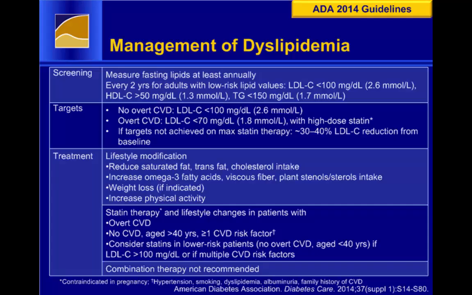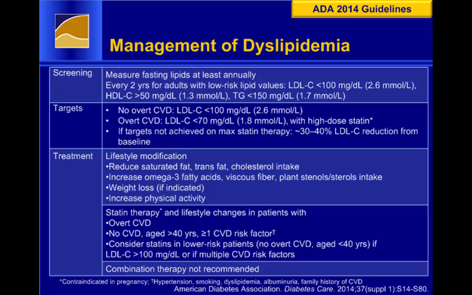We went through the management of dyslipidemia in the prior guideline. Remember that if you are a CAD or CAD equivalent, you must be less than 100 or less than 70 by the new guideline. Even if you are a stroke, it's mandated to be less than 70.